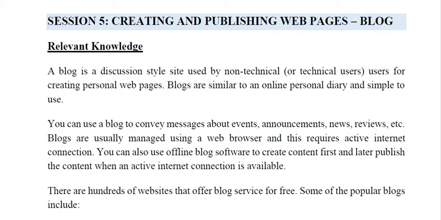Blogs are usually managed using a web browser, and this requires an active internet connection. You can also use offline blog software to create content first and later publish the content when an active connection is available. There are hundreds of websites that offer blog services for free.